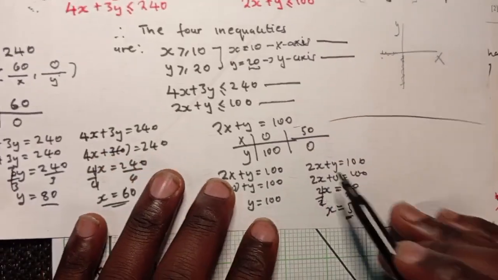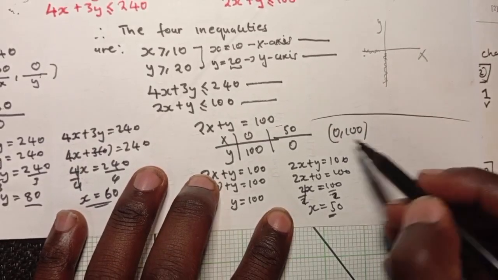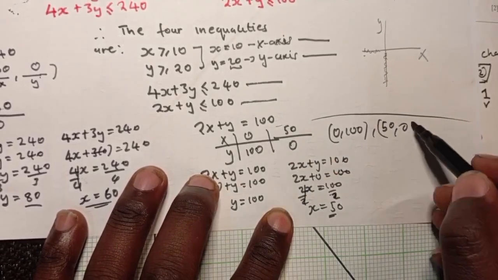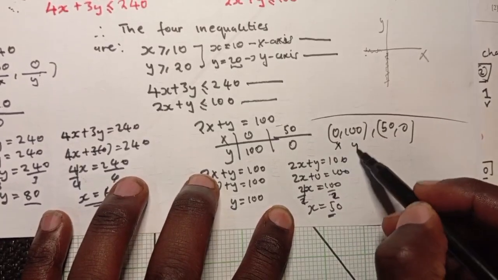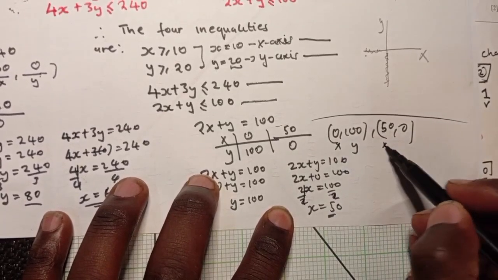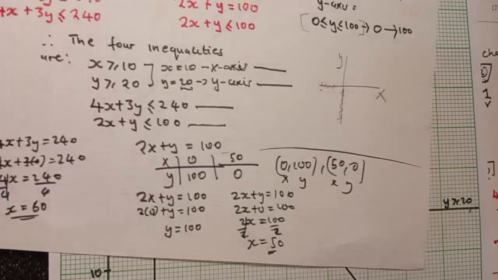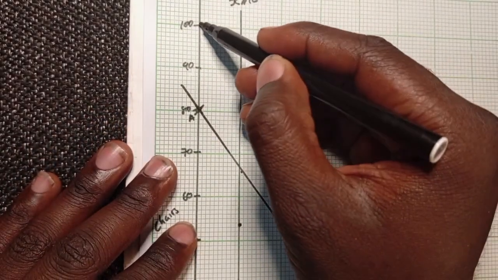And what are our points here? The first point is 0, 100. The other is 50, 0. Okay. So now this is our x, this is our y. So we put 0, 100. We are going to go here. 0, 100 happens to be this.